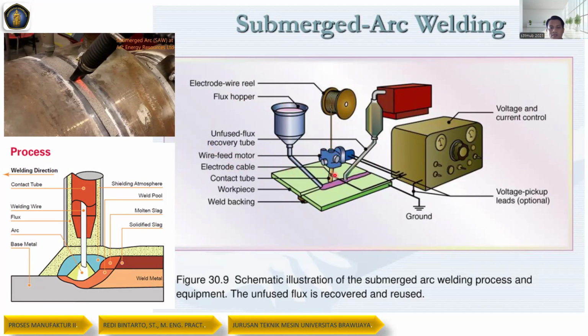Electrode cable, electrode, there's the electrode here. This is the contact tube. This is the workpiece, the metal, and the backing just makes sure that the flux is limited to only this area.